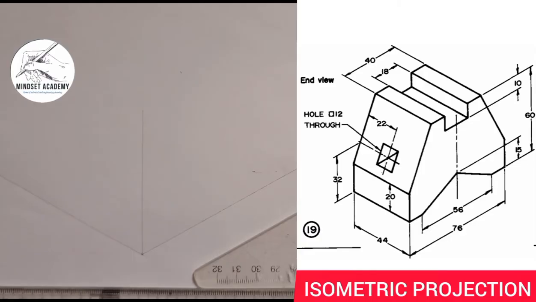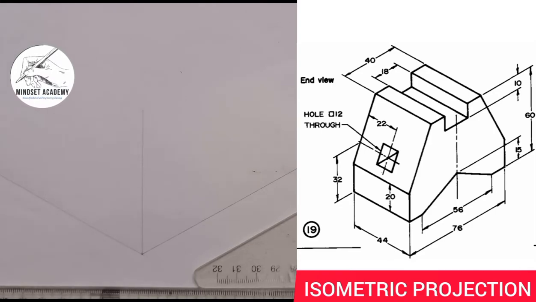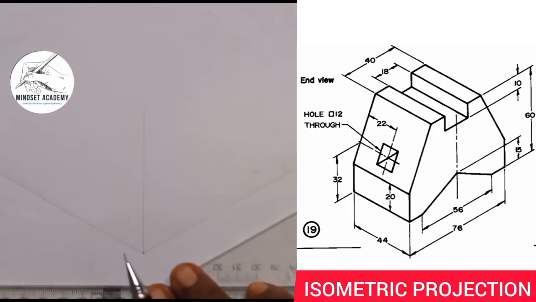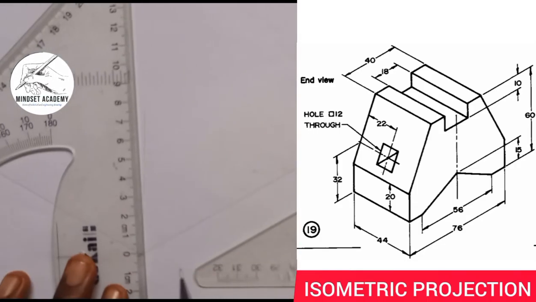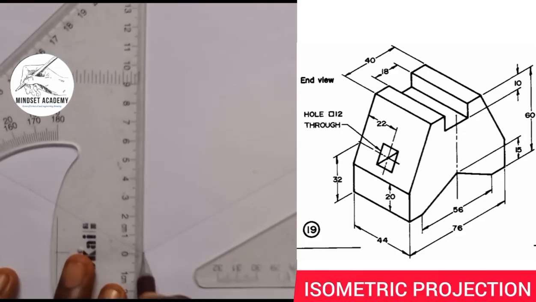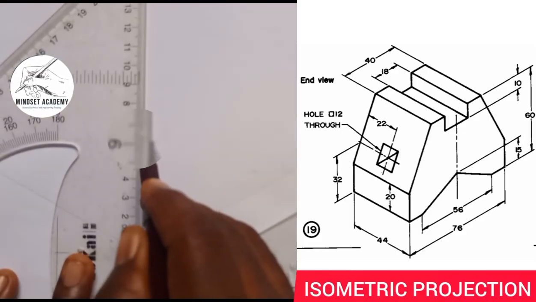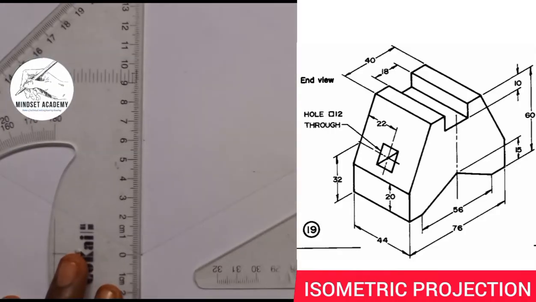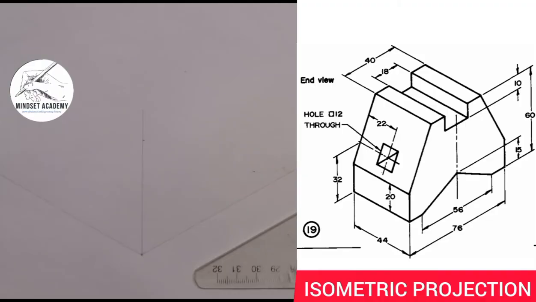You can see that on the z-axis, so you look for the entire height. The entire height of this given figure is 60. So you measure 60 from the base and take it up, from 0 to 60.